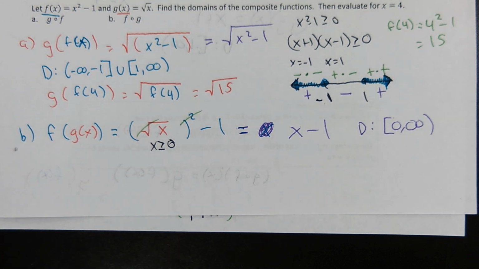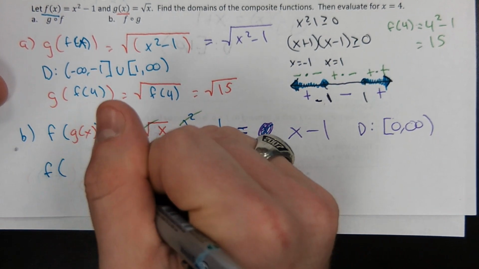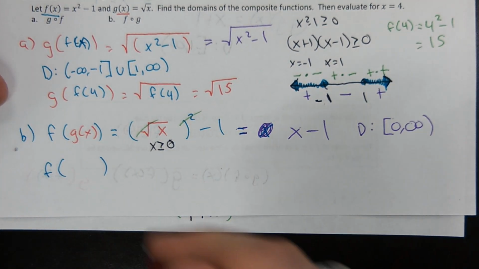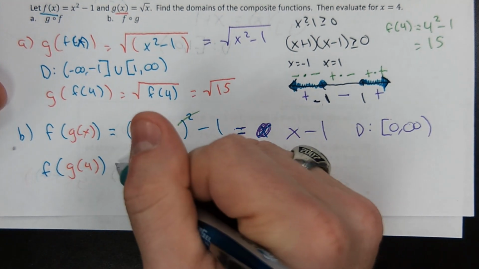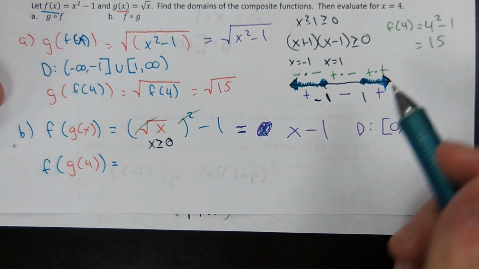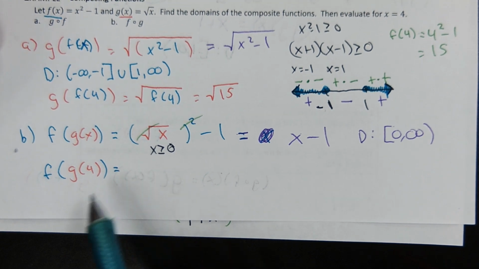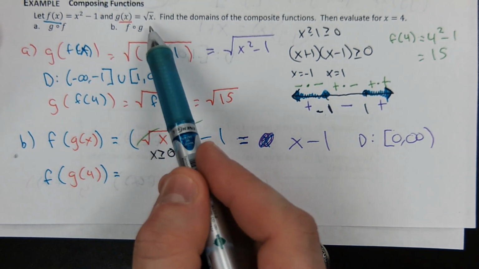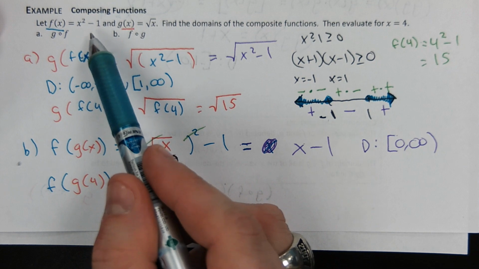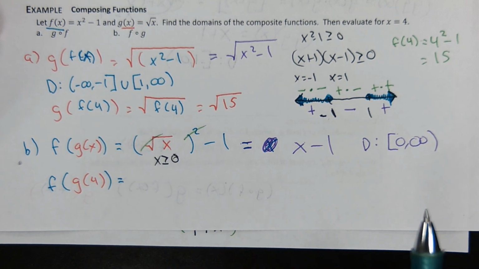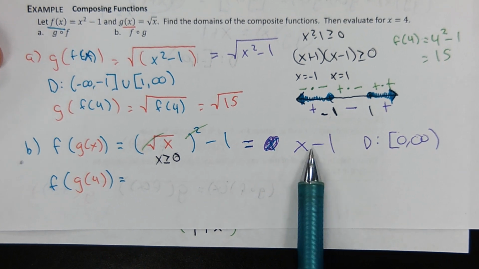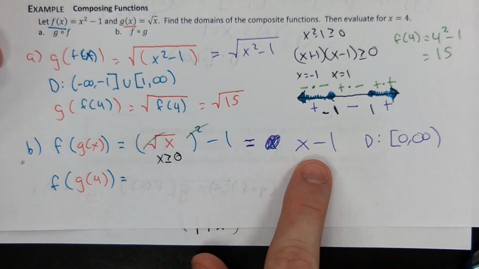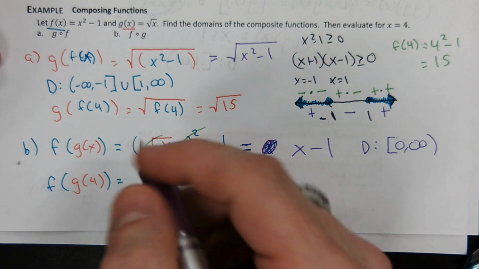Okay. And let's evaluate f of g of 4. You know, you could figure out what g of 4 is and then plug that number into f, like I did with this one. Or you could just put 4 into right there, because this is f of g of x.